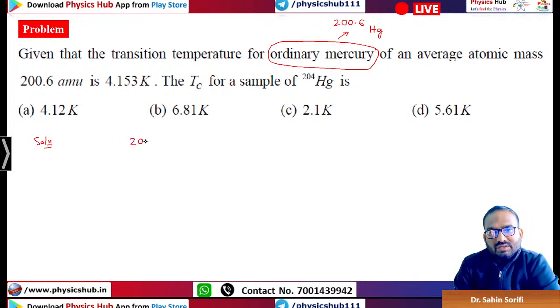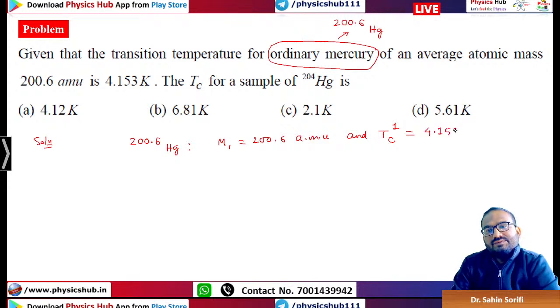So for 200.6 Hg, isotopic mass is, let's say, m1 equal to 200.6 mu, and Tc1 is 4.153 Kelvin. For 204 Hg, what is the isotopic mass, and what is Tc2?